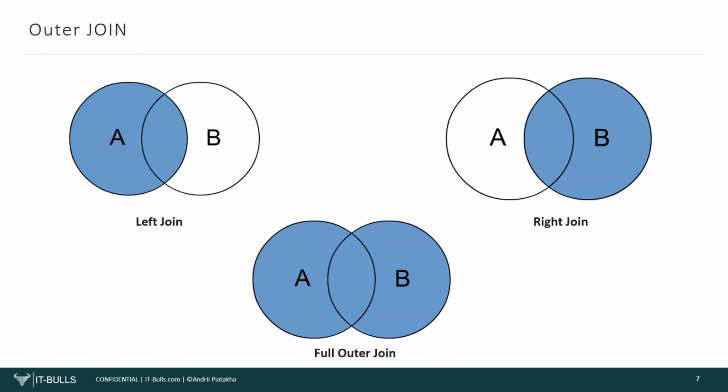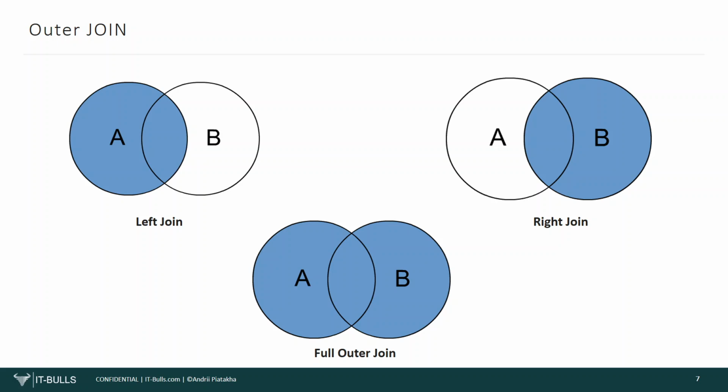A left outer join returns all the values from an inner join plus all values in the left table that do not match the right table, including rows with null values in the link column. Is it clear?